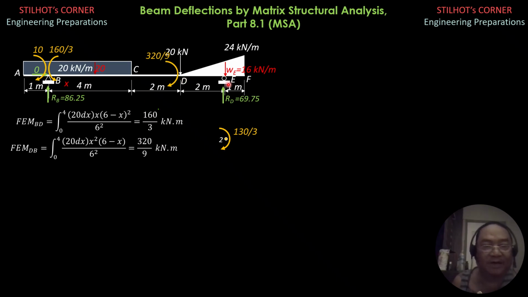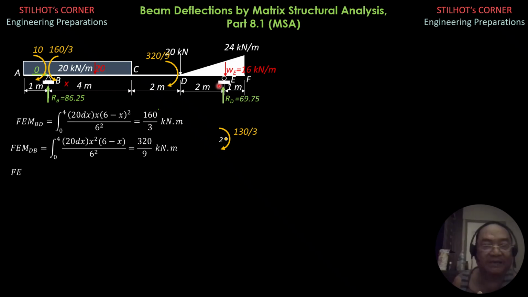Then for DE, because we imagine D is fixed, E is fixed, so the 20 kilonewton has no contribution to fixed moment, only this triangular load, and it is W L squared over 30.